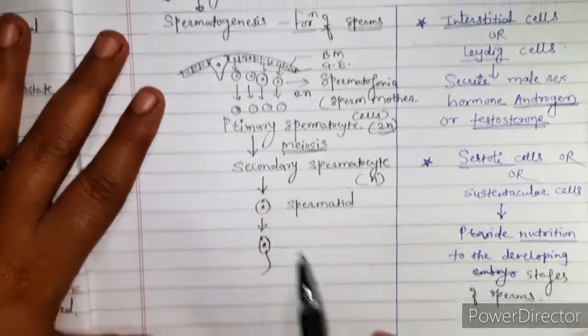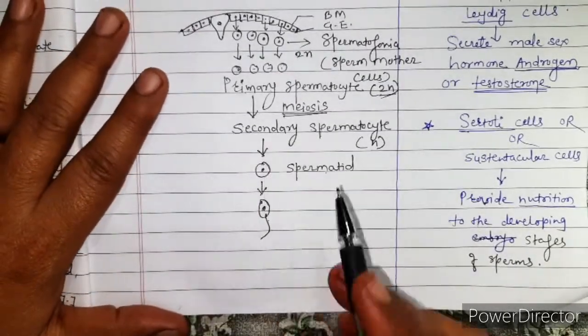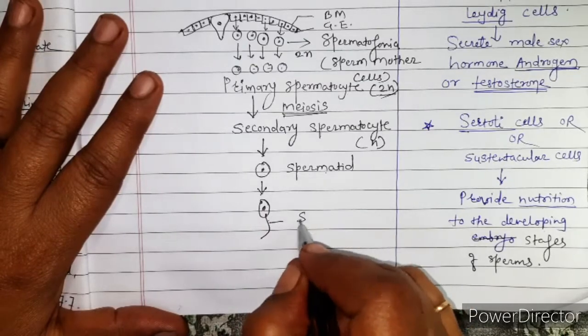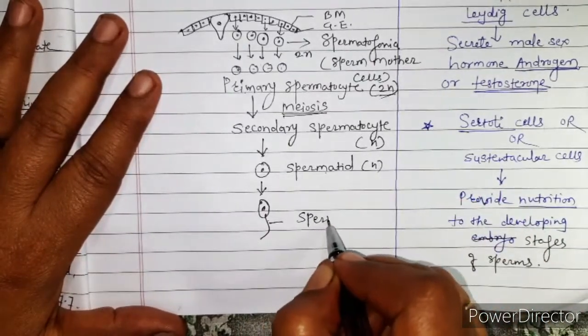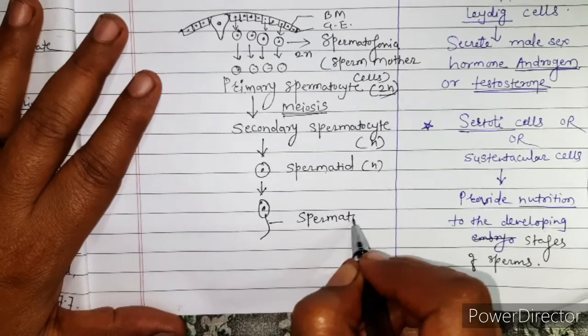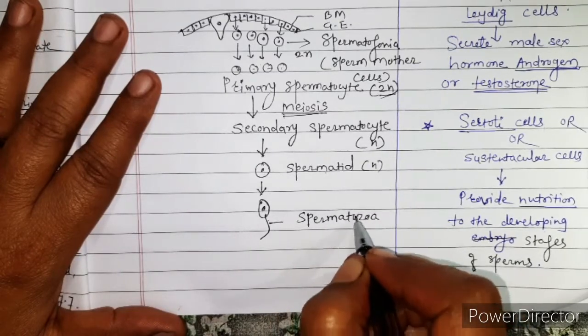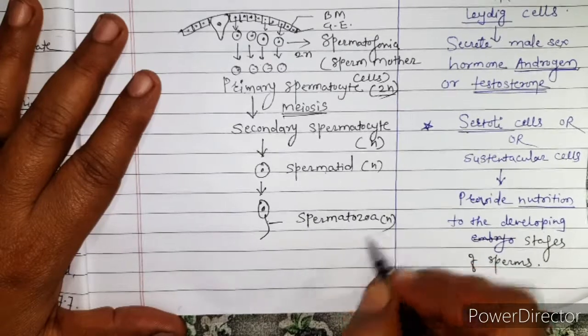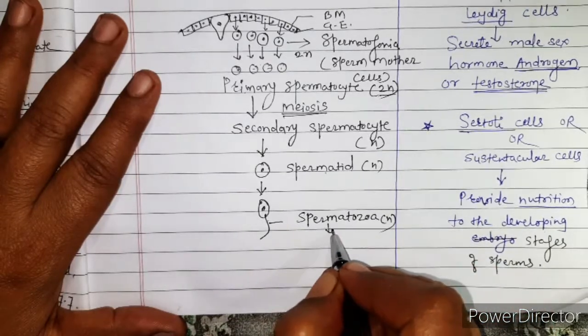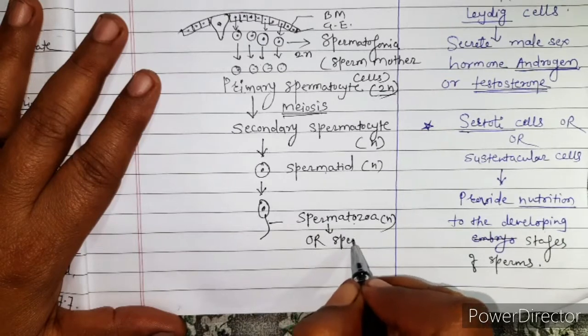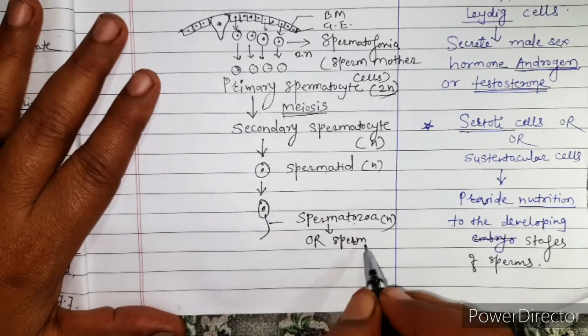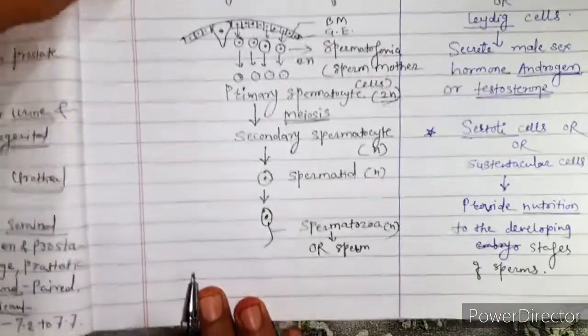See here, what is the difference between spermatid and sperm? This is the sperm, having n number of chromosomes. This sperm is also called spermatozoa, one and the same. It is also haploid. Spermatozoa or sperm is called shukranu in Marathi.